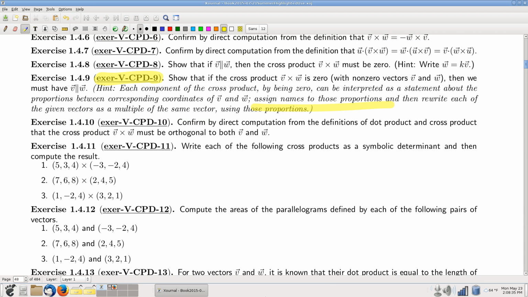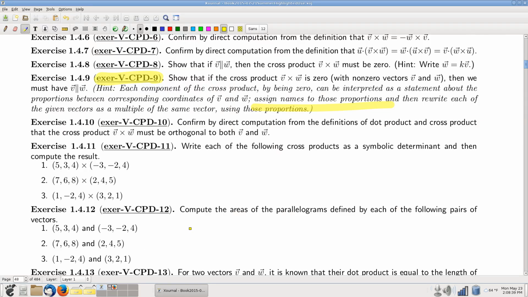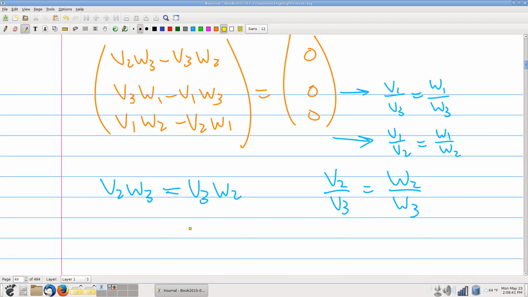So we have 3 proportions over here. Let's give them names. Arbitrarily, I'm going to call this one A, this one B, and this one C. Just doing what I'm told.